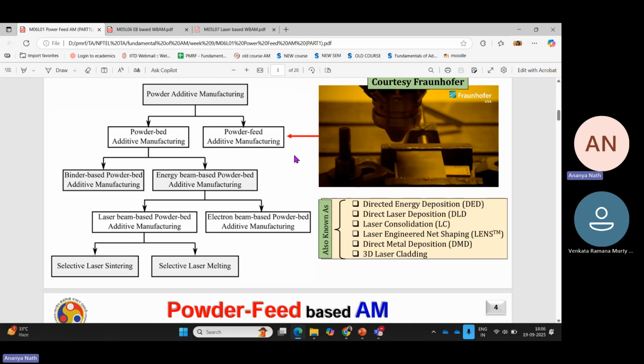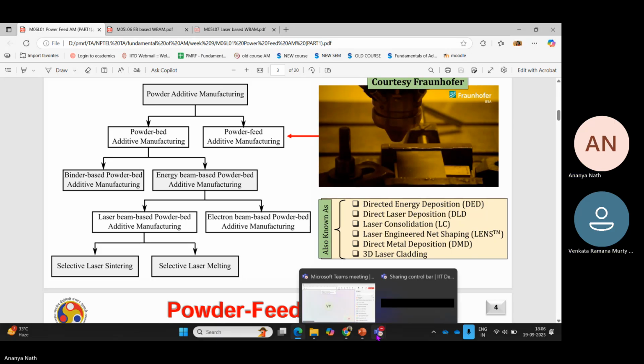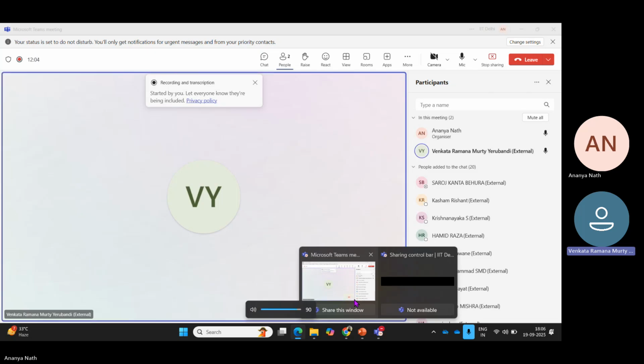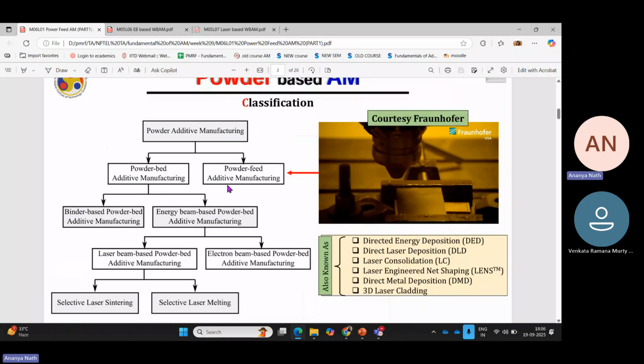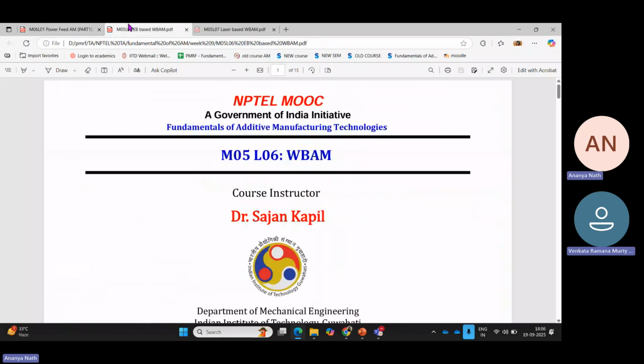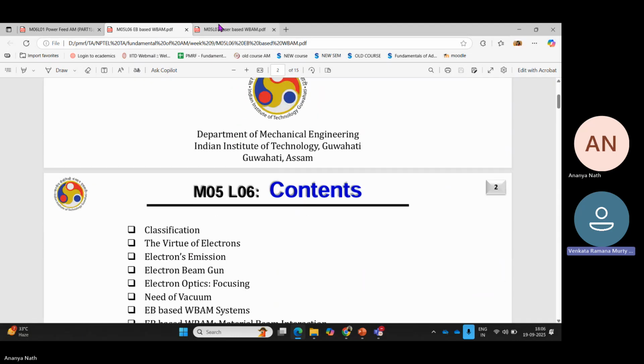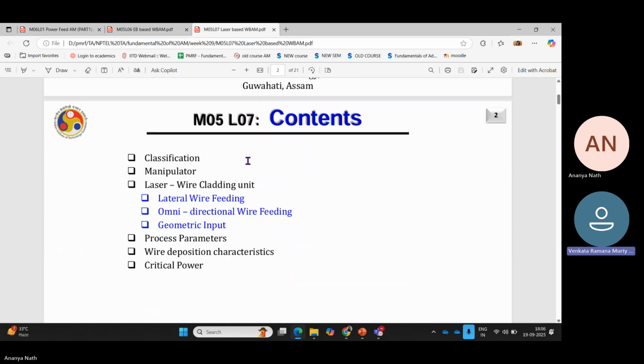So, as I said, excuse me, laser, yes. Today is supposed to be week 9, no? Yes, this is week 9, electron beam. I think it begins with the electron beam building.